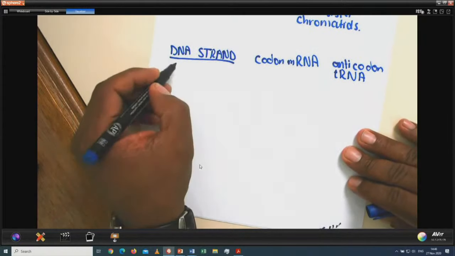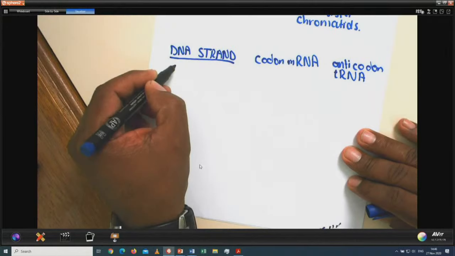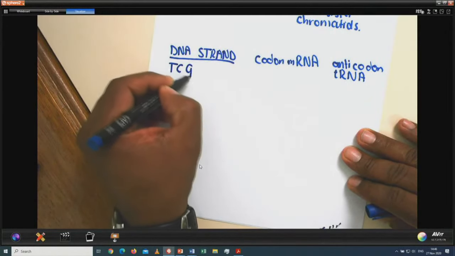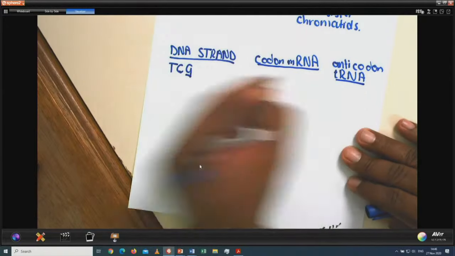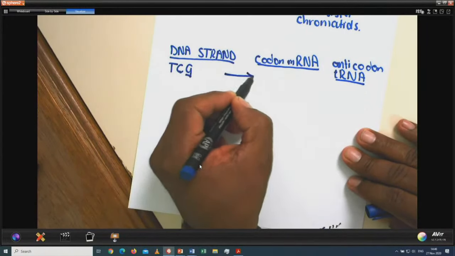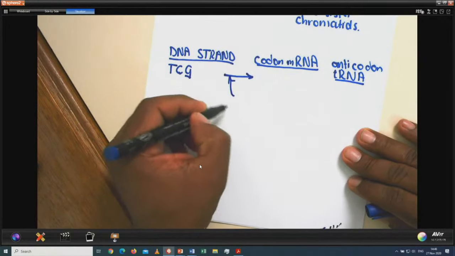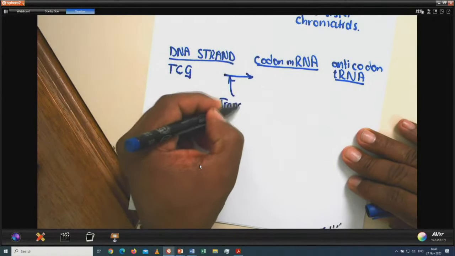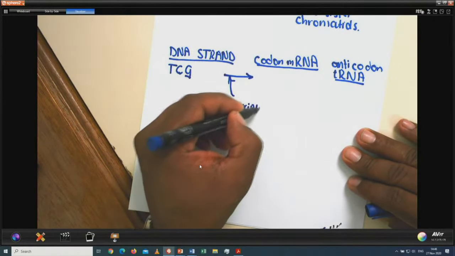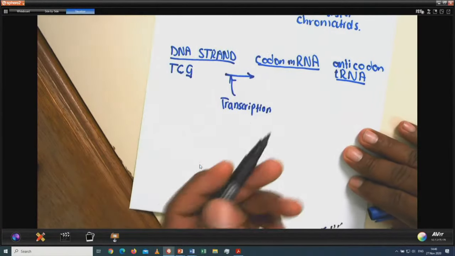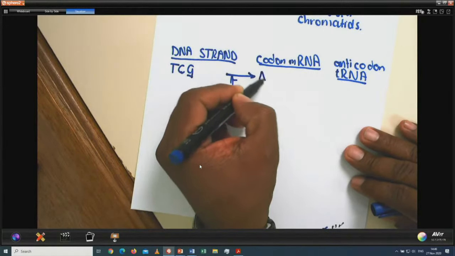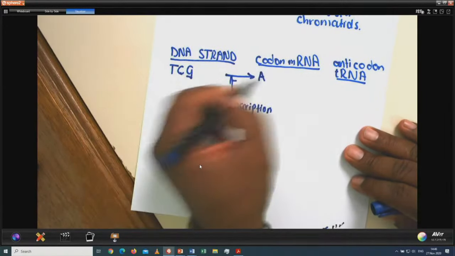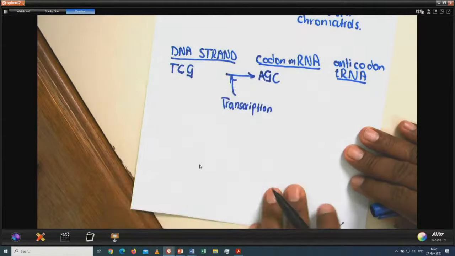If the strand is given as TCG, we know that during the process of transcription, now we'll have T and then we'll have A, C, and now we have G, and AGC.